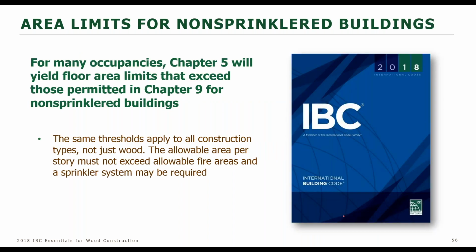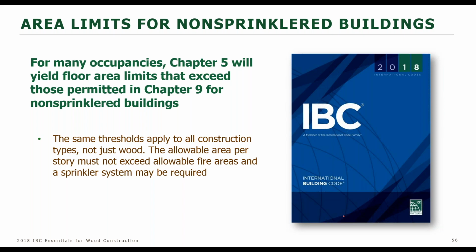Let me show you a simpler way to do that when we get to the code conforming wood design tables. What we just did was out of the IBC, and by way of caution, remember that you might calculate something out of chapter 5 of the IBC, and chapter 9, which is the fire protection sprinkler chapter, may catch you. In other words, you may be able to calculate a non-sprinklered building area.